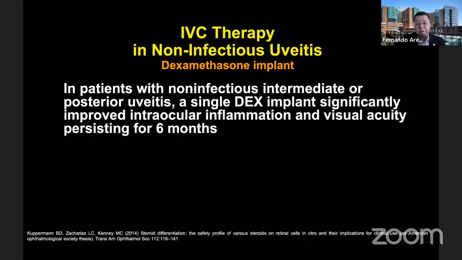And in patients with non-infectious intermediate and posterior uveitis, one injection of the implant significantly improved intraocular inflammation and visual acuity. That was for 6 months in the study. However, we know that in clinical practice, we usually have to re-inject our patients every 3 to 4 months.